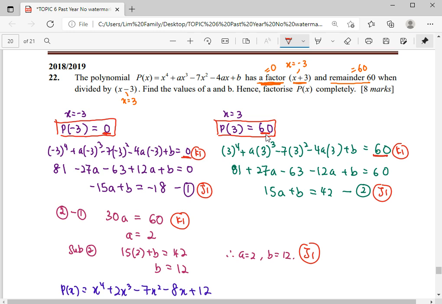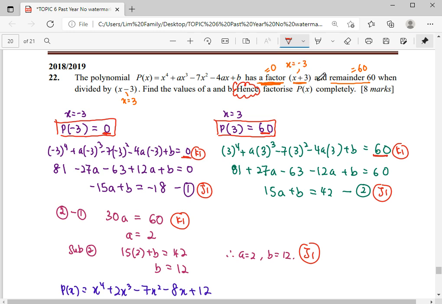Then we go into the next part. The next part is saying hence. Hence means you have to use the A and B values here and factorize it completely. What else can you get from this information where you have one of the factors, x plus 3 actually.